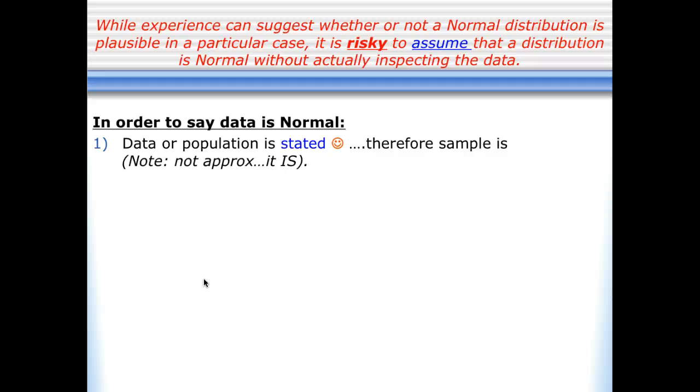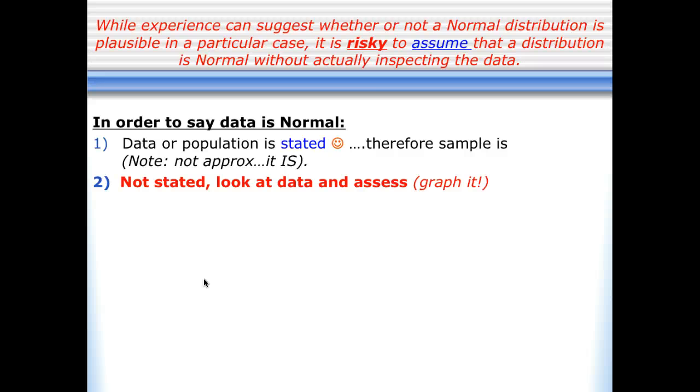The first and easiest way is if the data or population is stated to be normal in the problem. This is ideal. This is the easiest for us because we aren't required to make any sorts of graphs or assumptions. If it tells me either of these things are true, it's important to identify the shape as being normal and not approximately normal.